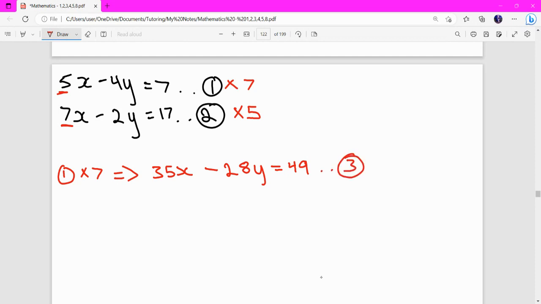Right? And now we are multiplying equation 2 by 5. So you have equation 2, which is 7x minus 2y is equal to 17. We multiply 7 by 5, we will get 35x.